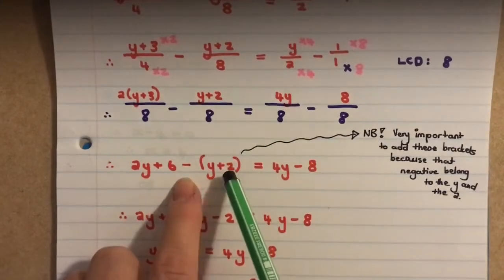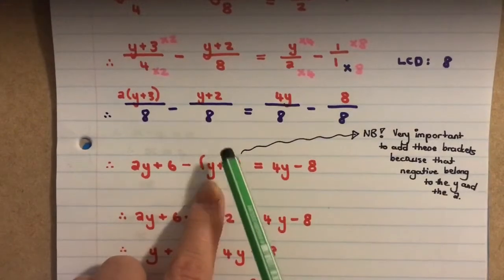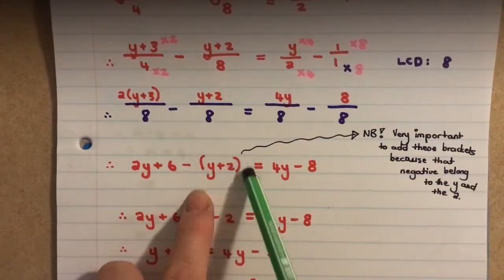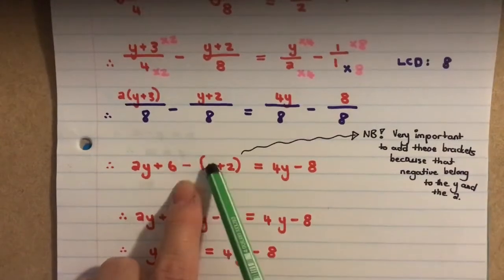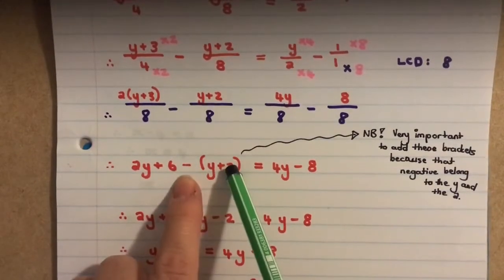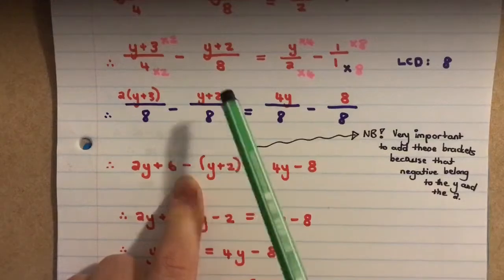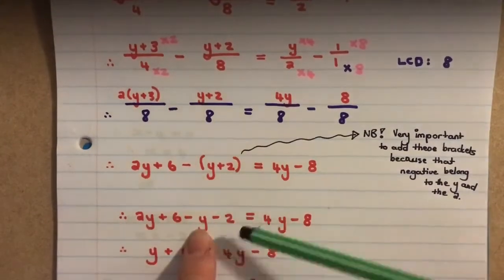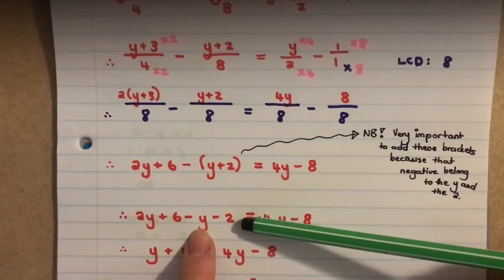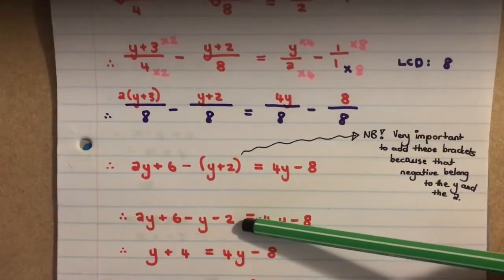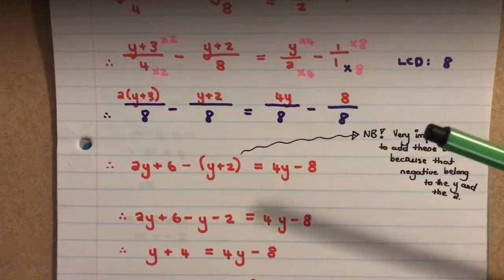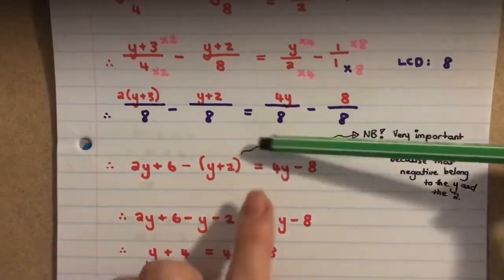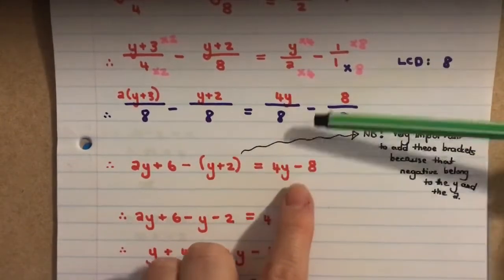To remind you about that, please put it into brackets. Then you have to distribute that negative first, because lots of you always forget. You bring it down and you just write negative y plus 2, where indeed you will see that it becomes negative y minus 2, is equal to 4y minus 8.